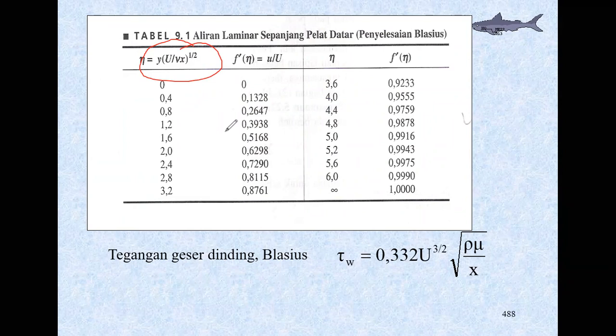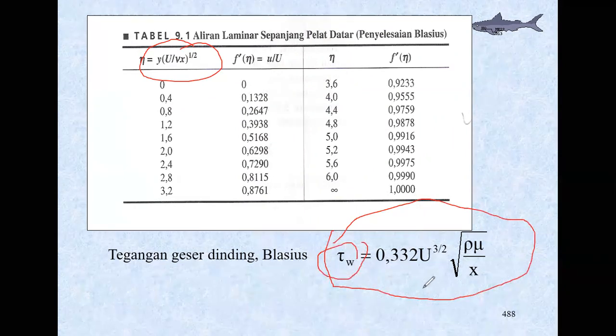If we know the velocity distribution, it relates to the shear stress. We can find the shear stress, tau, and from tau, we can get the friction and finally the drag.